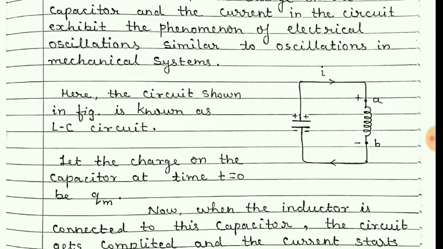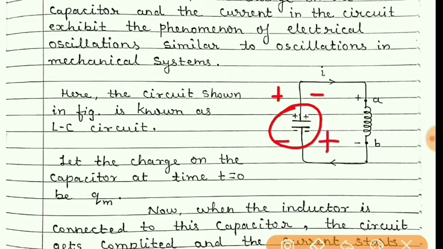Now the polarity of the capacitor will change. Earlier this was plus and this was minus. Now this will become negative and this will become positive and the capacitor will get charged. So in this way the process continues and we get the oscillations.